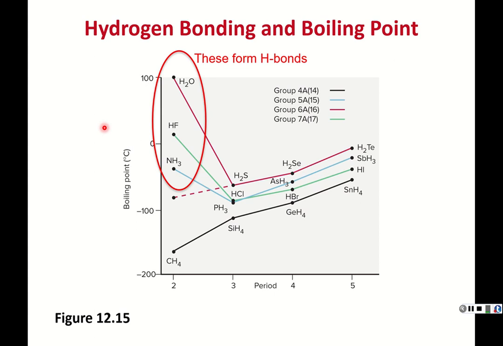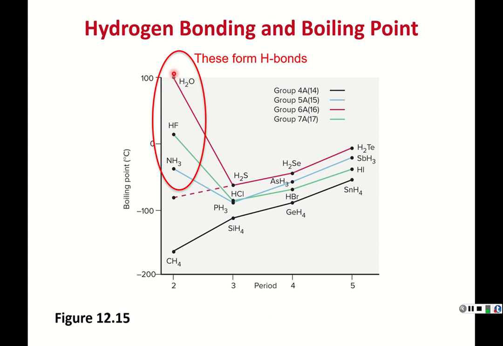We have the different elements in these groups depicted by the different colors here, and the compounds they make with hydrogen, and we plot out what the boiling points of them are. You can see that the ones here that are circled all form hydrogen bonds, and their boiling points are much, much higher. So let's just look at the red curve, family 6A.